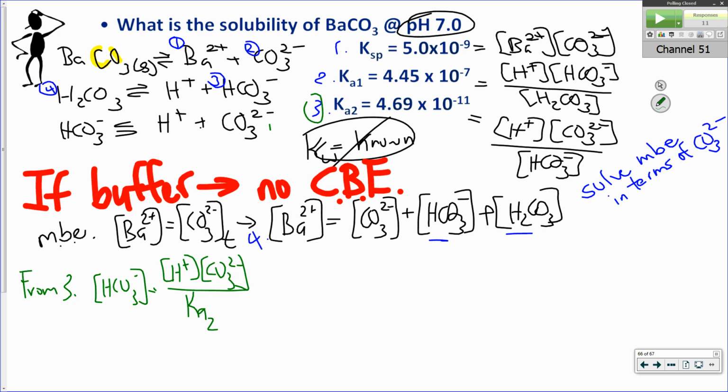So all I did was took this term, put it up here, put the Ka2 down the bottom in the rearrangement. Okay, and the reason I did that is because I know H plus and I know Ka2. pH is given, so I can calculate H plus. Ka2 is given to me in this table.